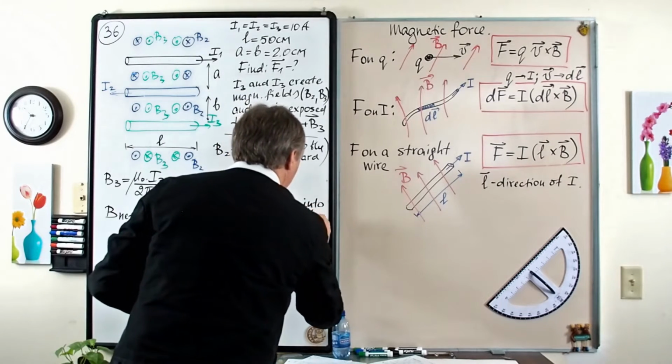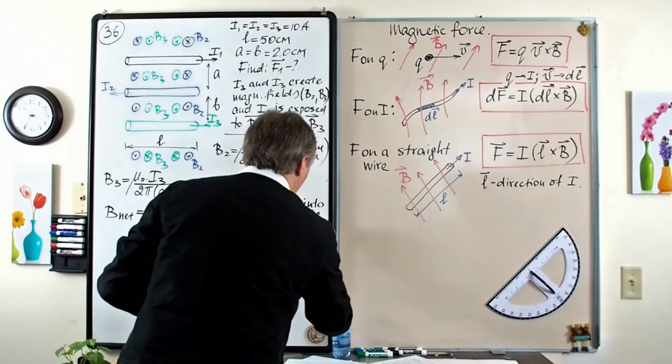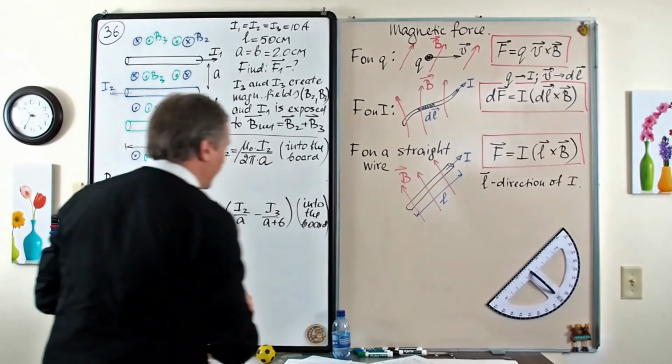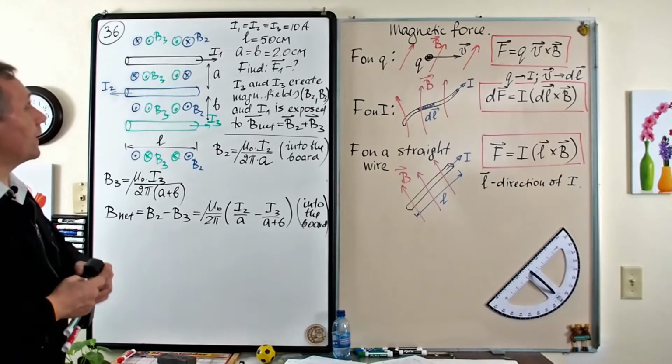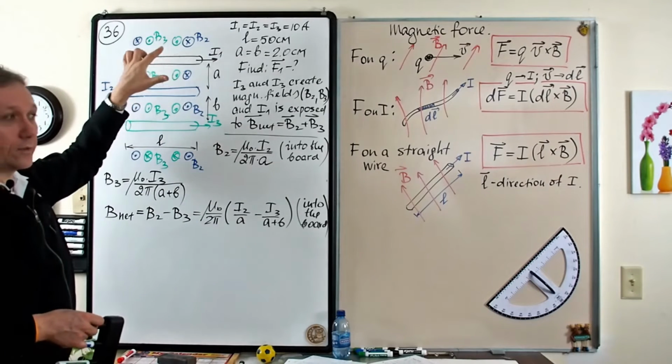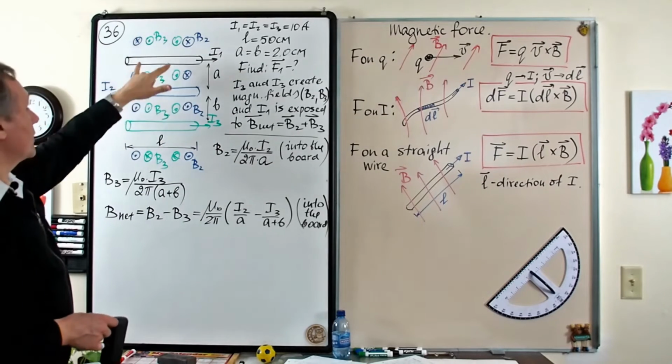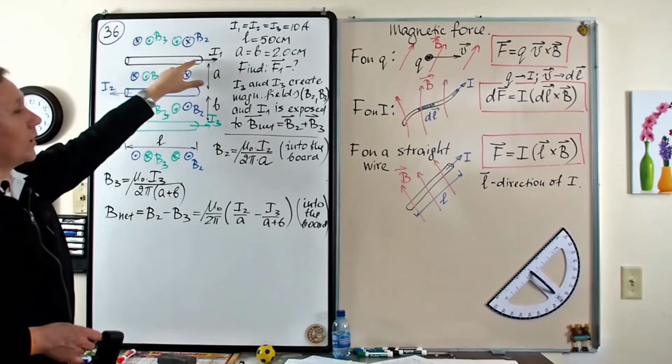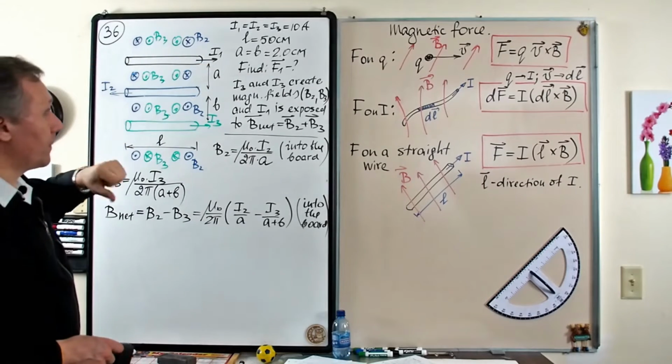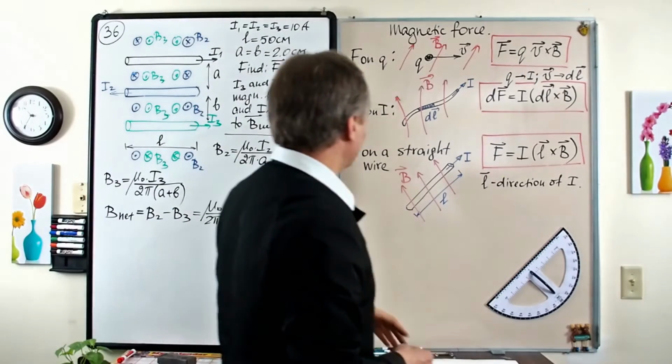Into the board. Right. Okay, so now we found the net magnetic field strength and direction at the place where wire I1 is, right? So that is the magnetic field to which wire I1 is exposed.